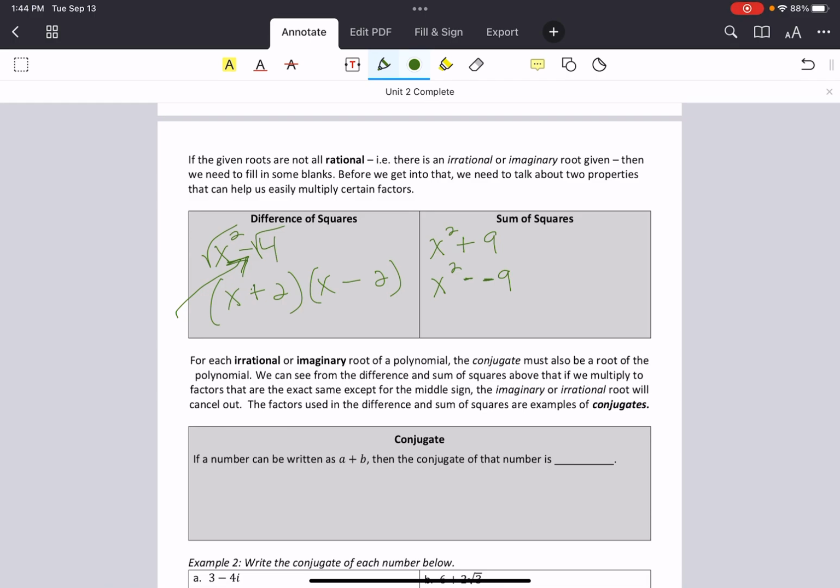So now, because it's a subtraction, I know I can take the square root, and one's going to be positive and one's going to be negative. Does anybody remember what the square root of negative 9 is? 3i. Very good.